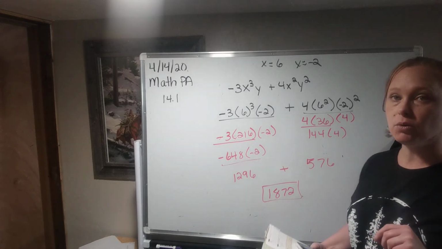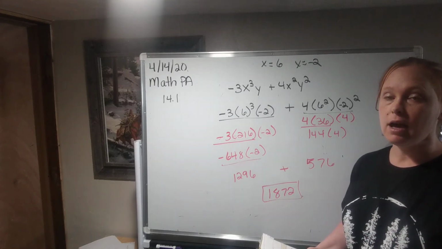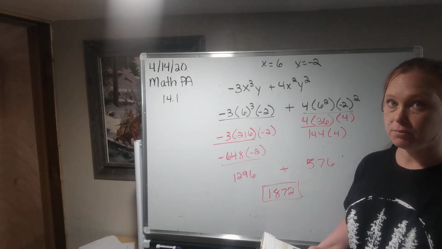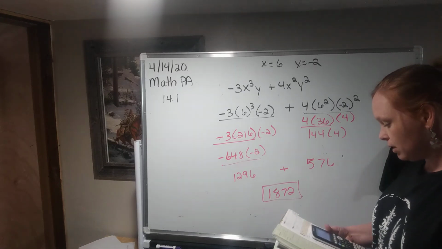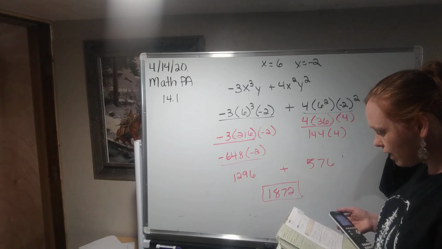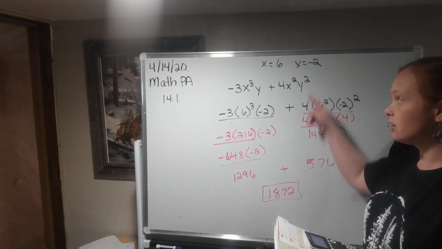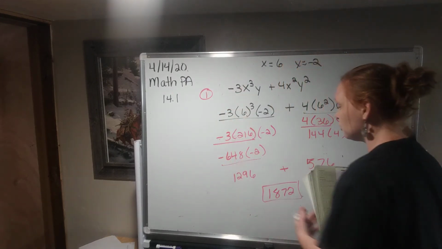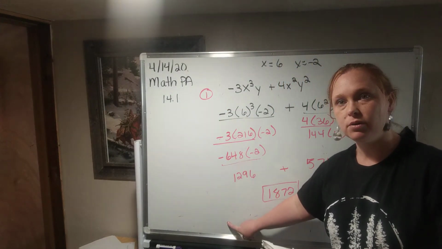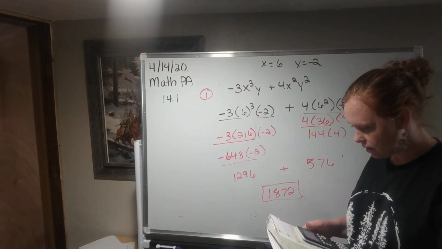If you're not showing me your work, you are not getting full credit for that problem, even if you give me the right answer. So make sure you're showing me your work, and not on a different page. It needs to look just like this. If this was number 1, this is what it should be like on your page, and then start number 2 down here.